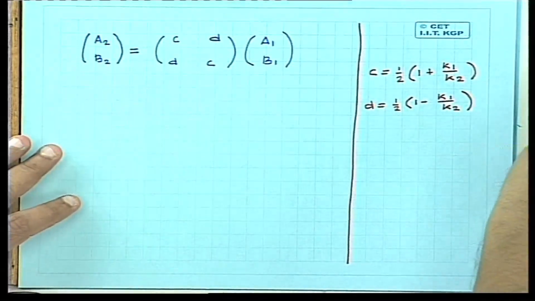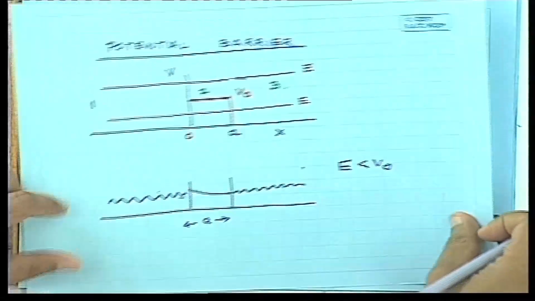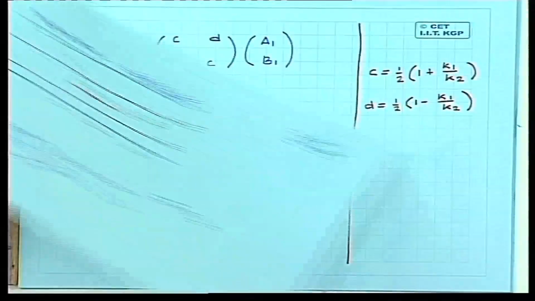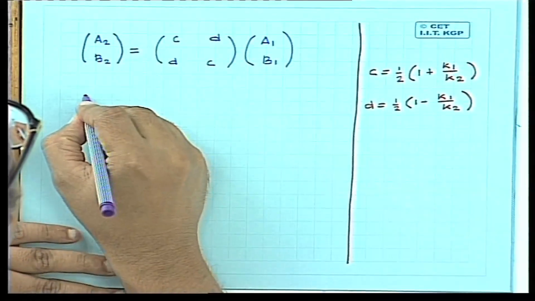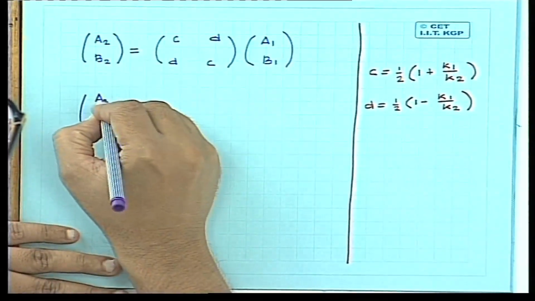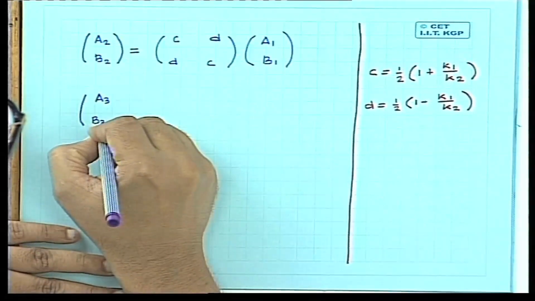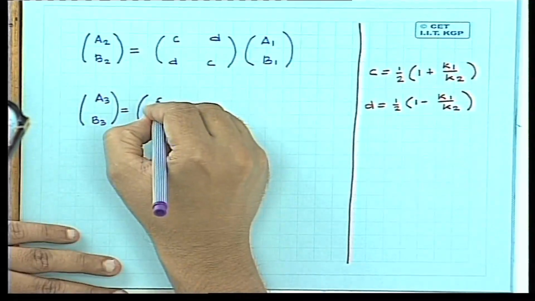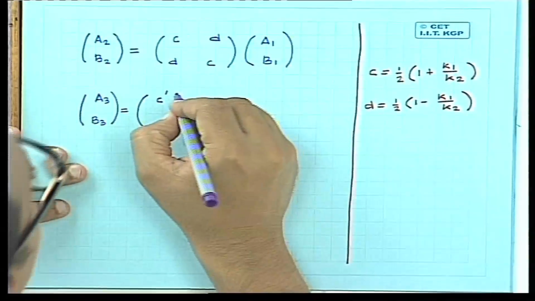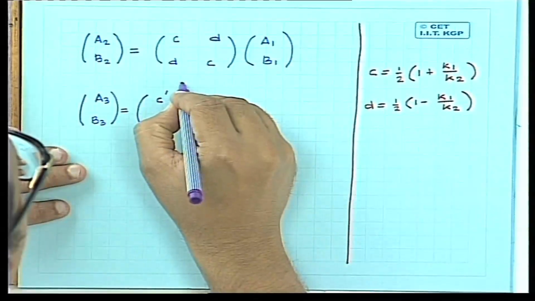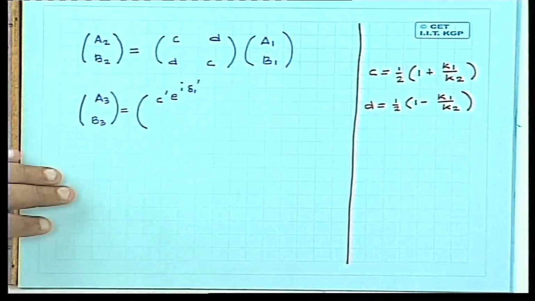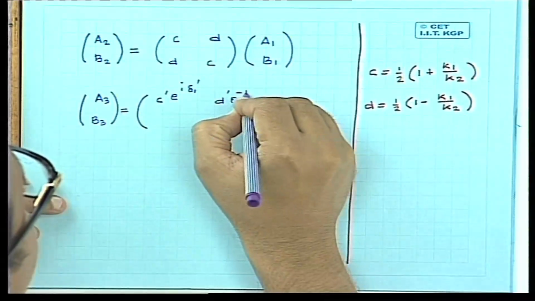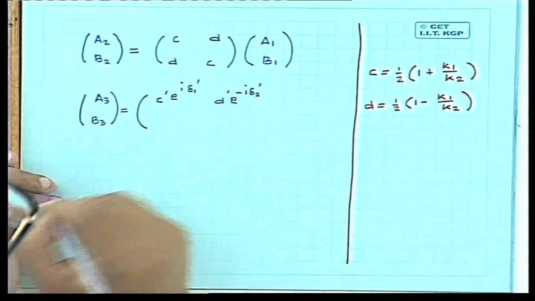We also have, across the next barrier at x equal to a, if you equate the coefficients across that barrier, you get A3, B3 equal to C prime e to the power i delta 1 prime, D prime e to the power minus i delta 2 prime.